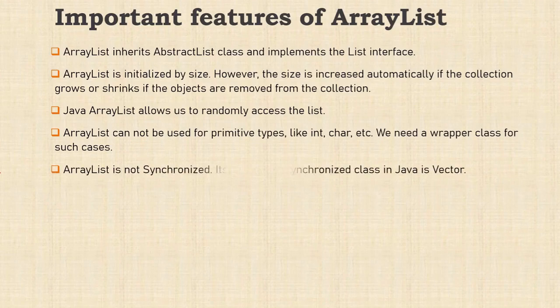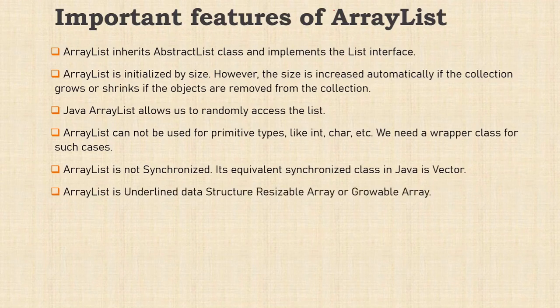ArrayList is non-synchronized. Its equivalent synchronized class in Java is Vector. ArrayList was introduced in Java 1.2, and Vector was introduced in Java 1.0, at the time of launch I think. ArrayList's underlying data structure is a resizable array or growable array.